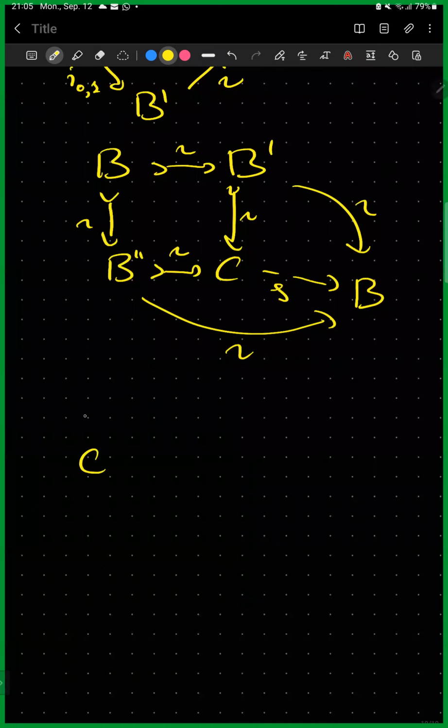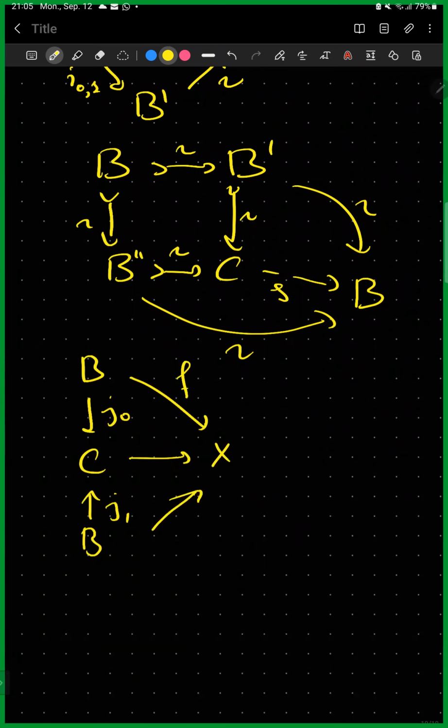What we have so far: we have maps J0 and J1 from B to C, and we have the map F and the map G here, and a map from C to X, which is induced by the coproduct of two homotopies, H and H prime.